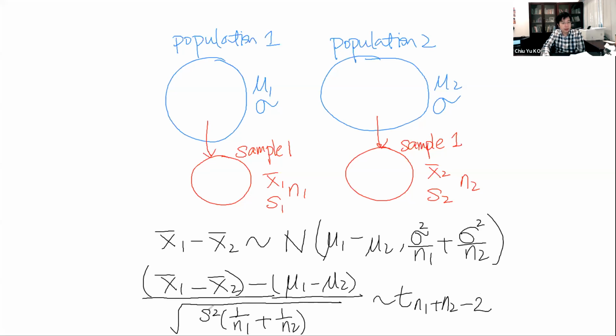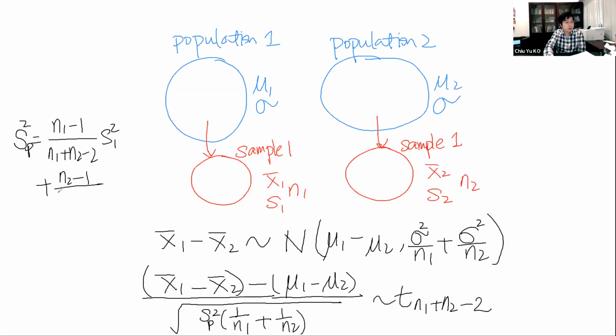And this s is given by a complicated object, the pooled S, S_P, which following the notation is (n1 minus 1) over (n1 plus n2 minus 2) times S1 squared plus (n2 minus 1) over (n1 plus n2 minus 2) times S2 squared. It is a weighted average of S1 and S2, and this is the best estimate of the pooled sample variance, and this will be a t.